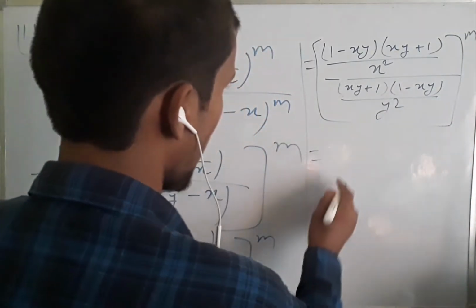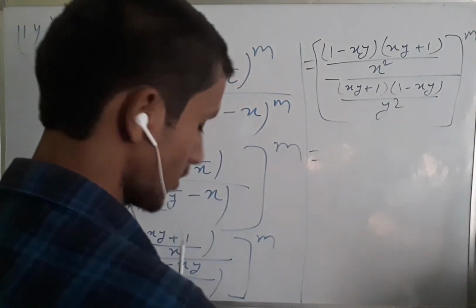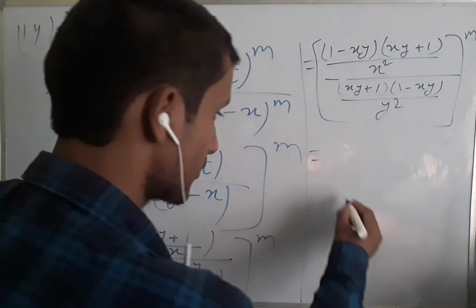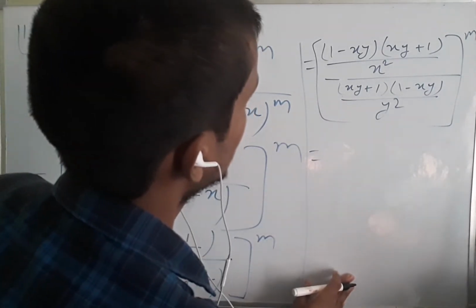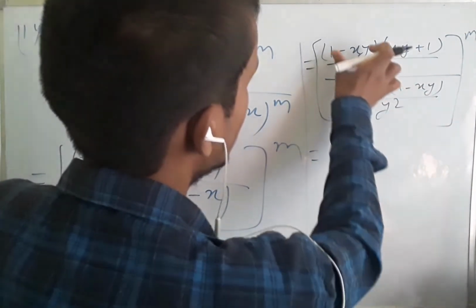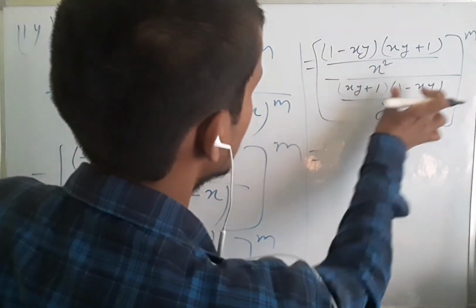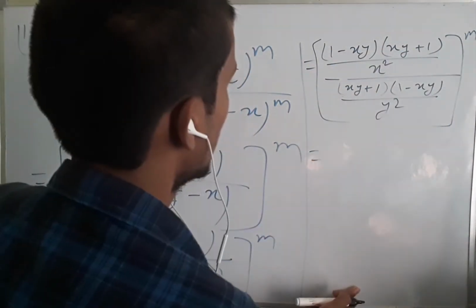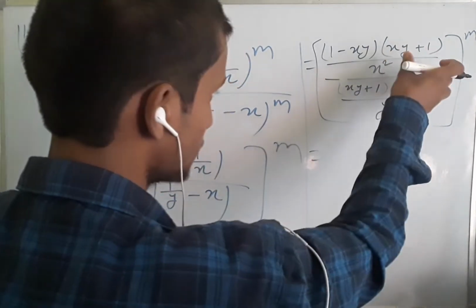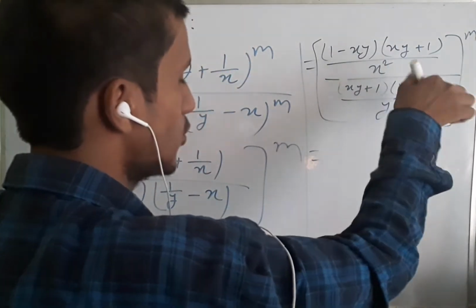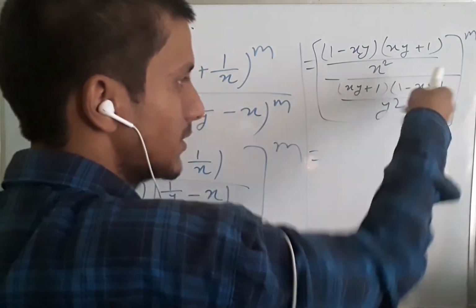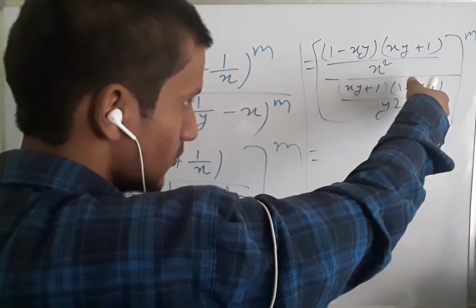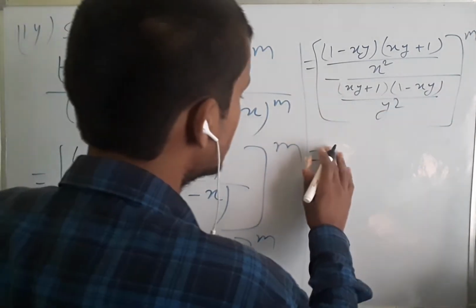Yes, it is visible. Now what you can see here is that this and this are equal, this and this are equal. If you divide, what you have to do here is swap this, turn it upside down, and it will be multiplication.